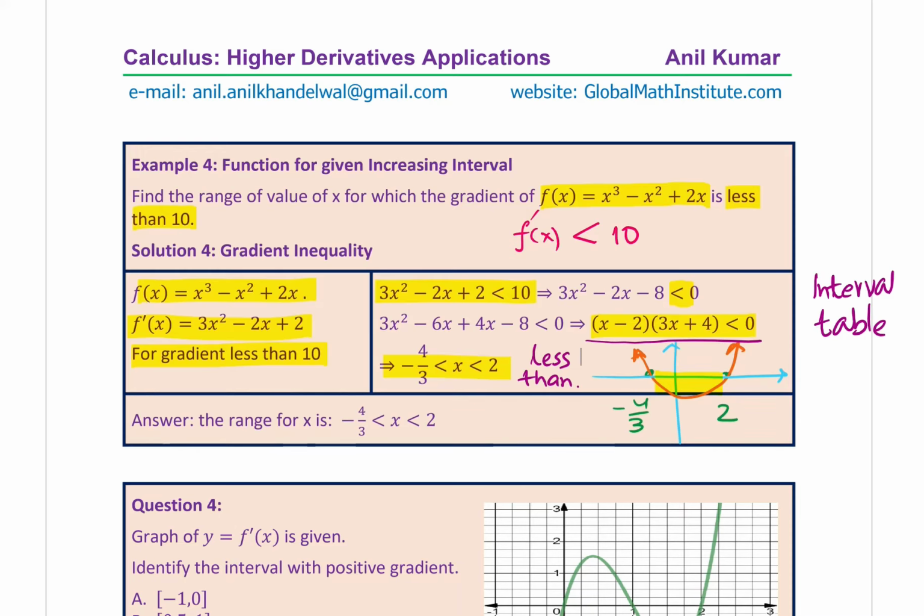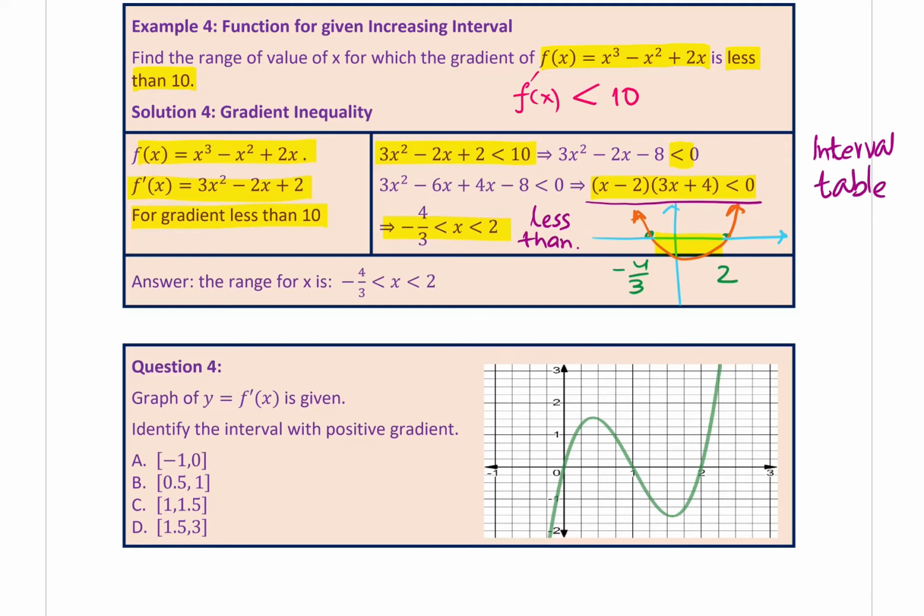Now here is another test question for you, question number 4, which says graph of y equals f prime x is given. Means we are giving you the graph of the gradient, right? So this is the graph of the gradient. You can say derivative or gradient, f prime x, right? So the graph of the derivative f dash x is given. Identify the interval with positive gradient.